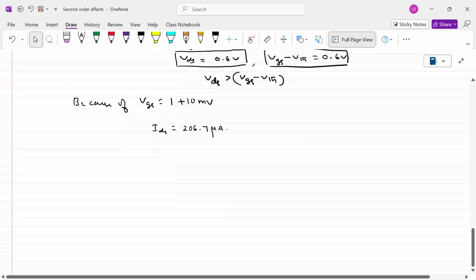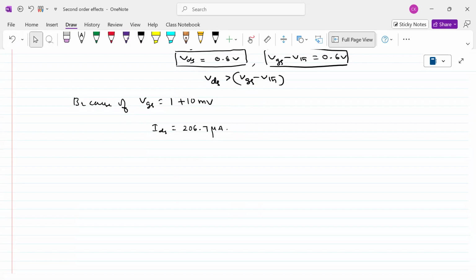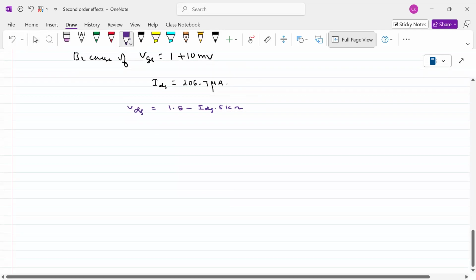Now, what can we see? If I change this VGS value, what about the VDS value? That's what they are asking. What is the VDS here now? VDS is nothing but 1.8 volts minus IDS into 5 kilo ohms. Am I right?